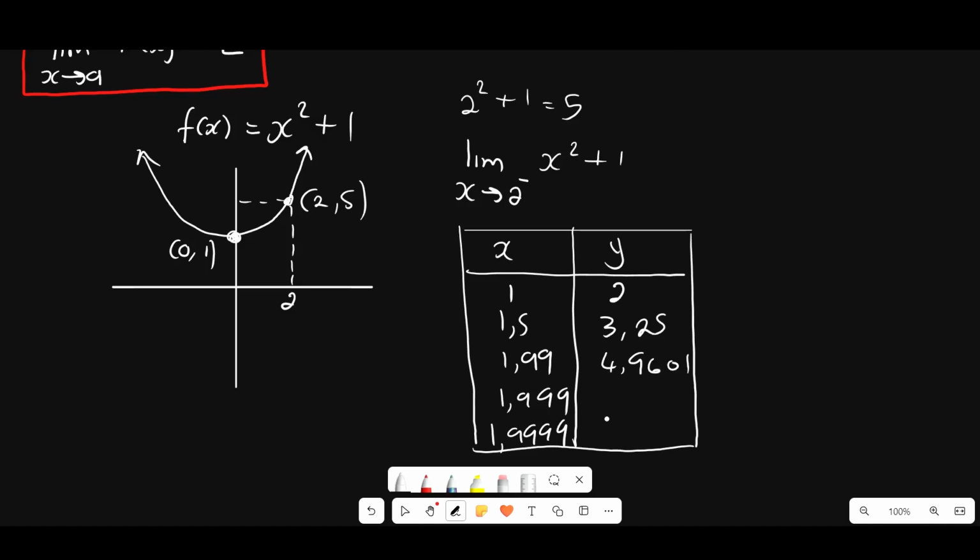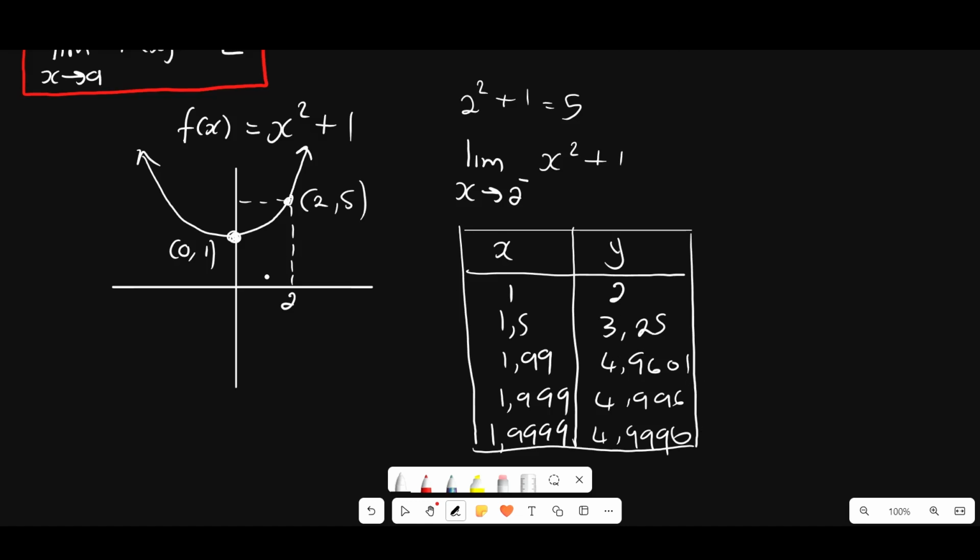Then when you put in 1.999, let's see, we're going to get 4.996, and then of course you'll get 4.999, right? So you can see what is happening.